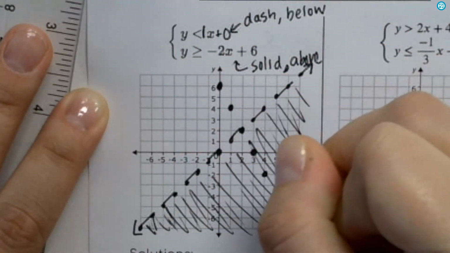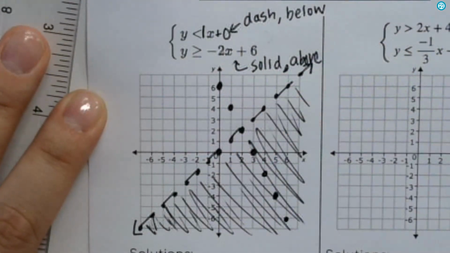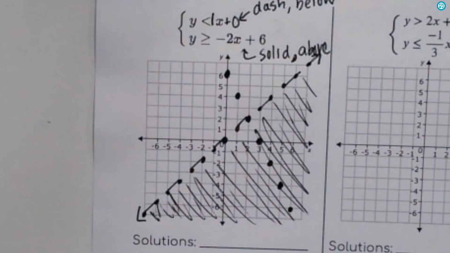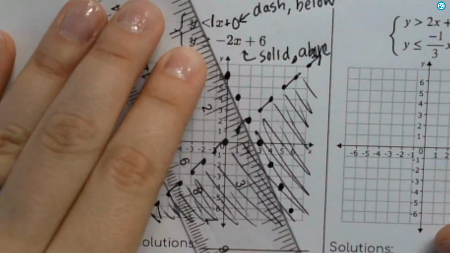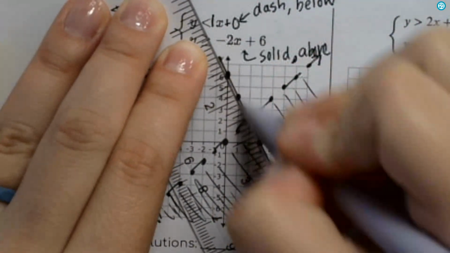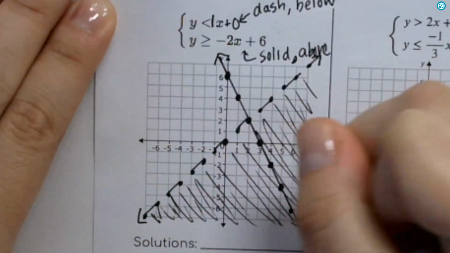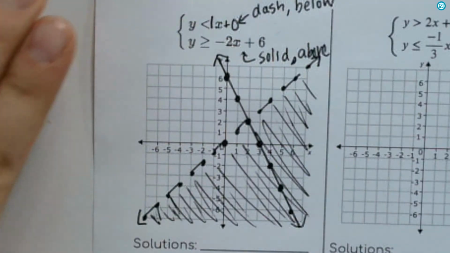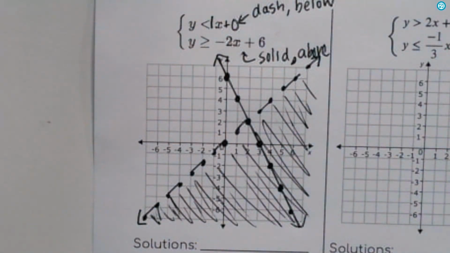I need to keep going, so that's, see, I have to be able to see through that so I can see where my points go. And then that one is going to be a solid line. Okay. I'm going to let you guys get that graphed, and then the tricky part is shading the second one.